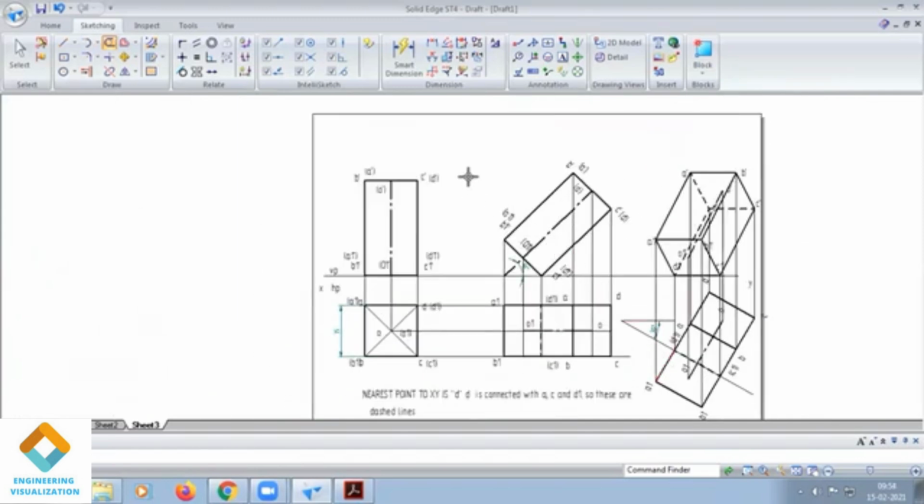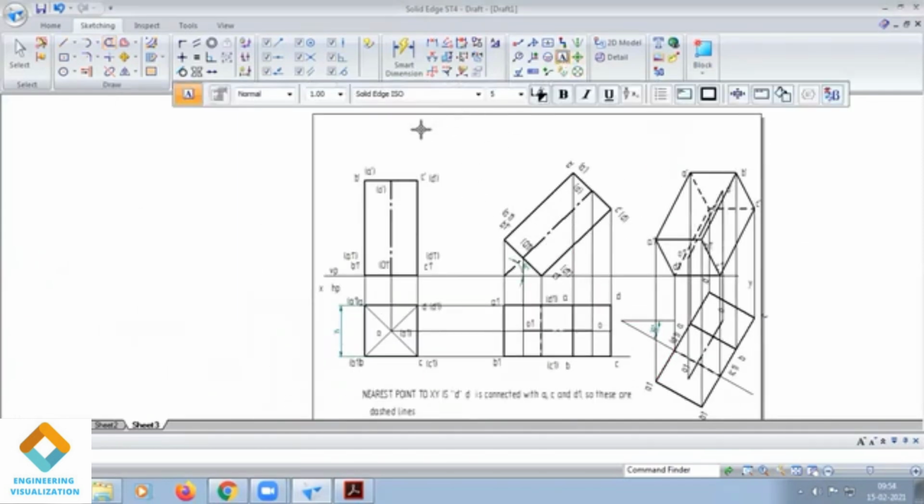So here, second position, angle of inclination, it is base edge inclination. This base edge inclination equals 90 degree minus angle of inclination to HP, it is 45.